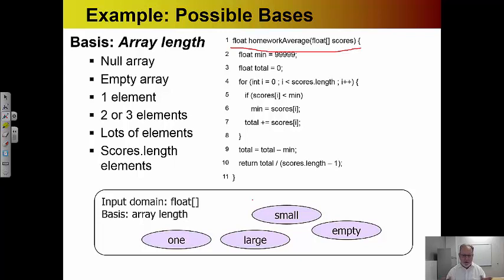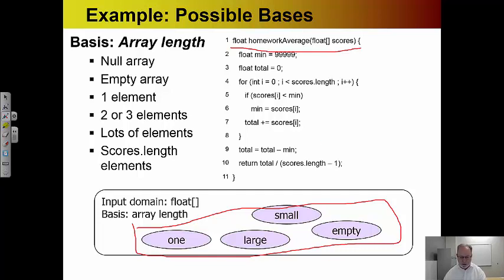All right, none of this identification of a test case said anything about what values we actually put in the array of scores. It's all about just the length of the array. So now we can go to cases where we start to consider other aspects of the array.